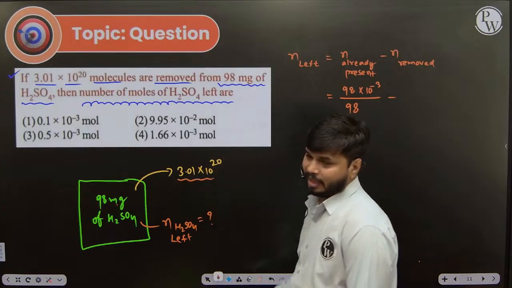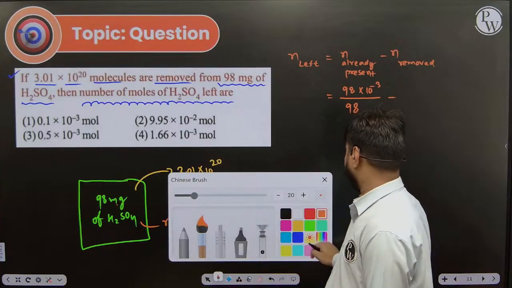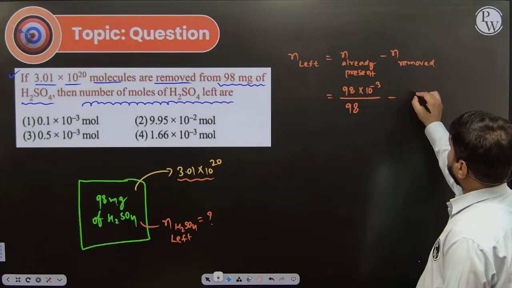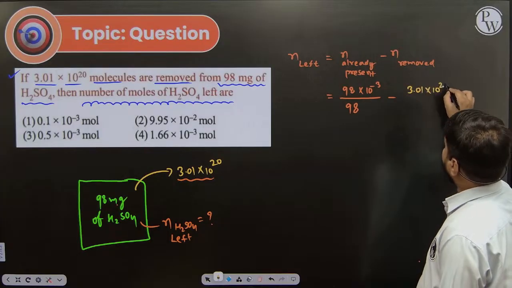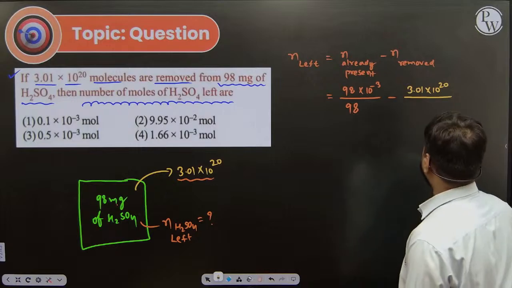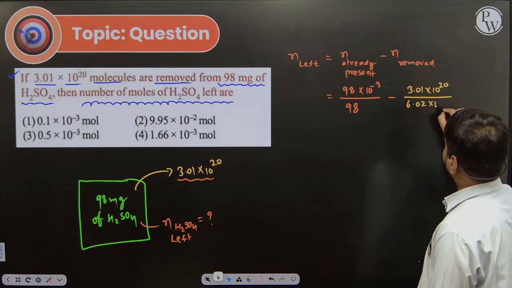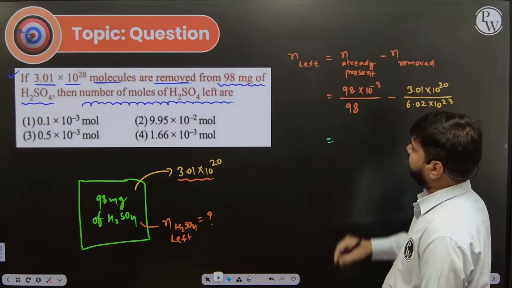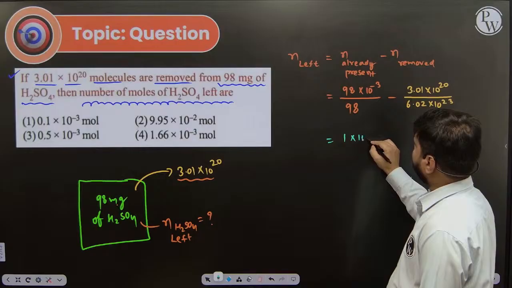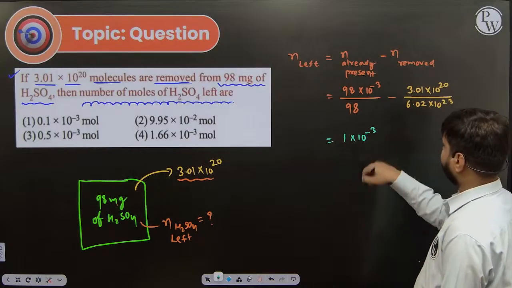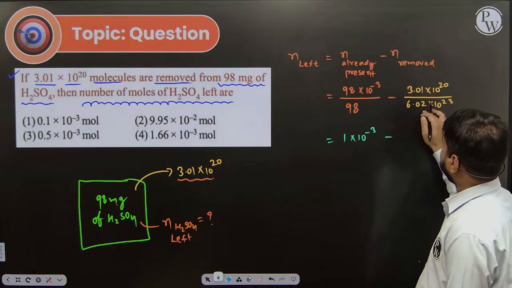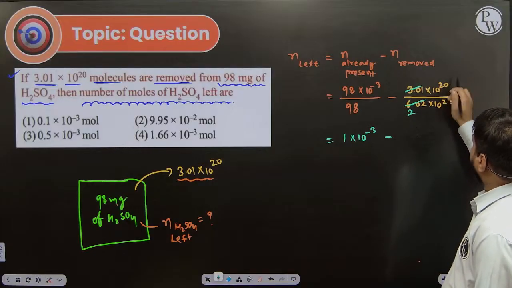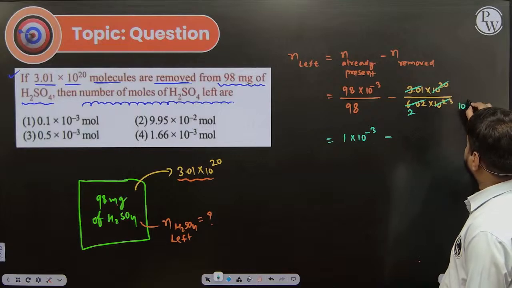So 3.01 into 10 to the power 20 particles of H2SO4 are removed. Now we can calculate the moles from it. We have 3.01 into 10 to the power 20 H2SO4 molecules divided by the Avogadro number, which is 6.02 into 10 to the power 23. Now we have to solve this. 98 and 98 cancel, so we have 1 into 10 to the power minus 3 moles already available, minus 3.01 and 6.02 cancel here too, and 10 to the power 20 and 10 to the power 23 give 10 to the power minus 3.